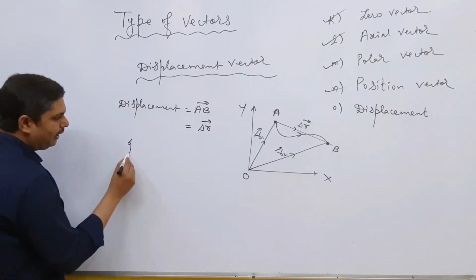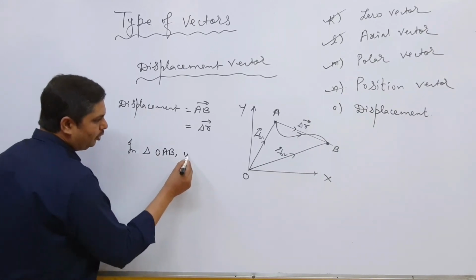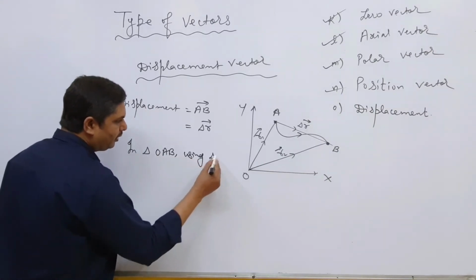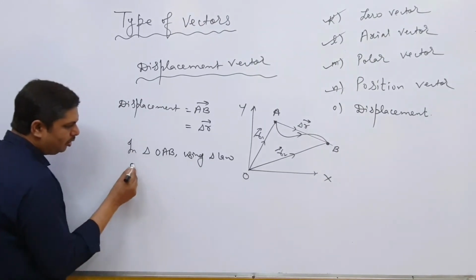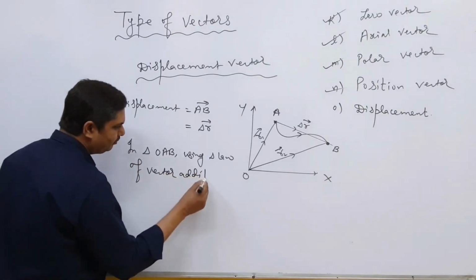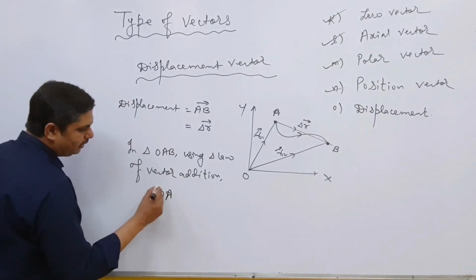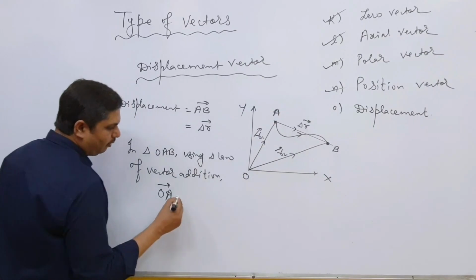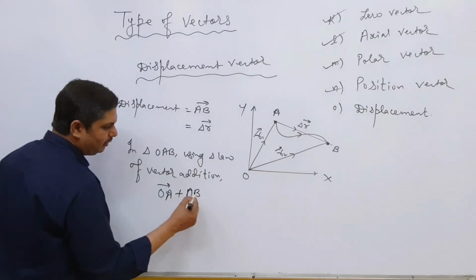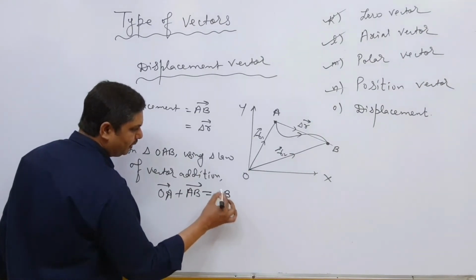Now in triangle OAB, using the triangle law of vector addition, you have vector OA plus vector AB equals vector OB.